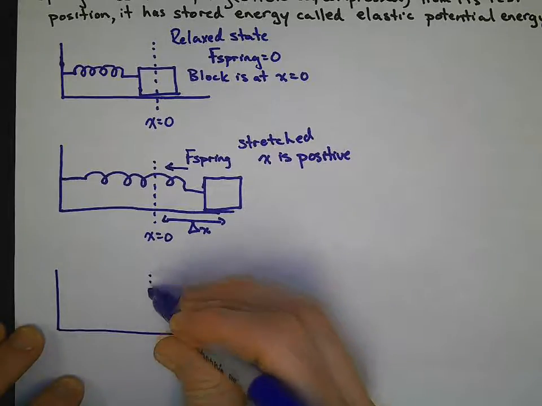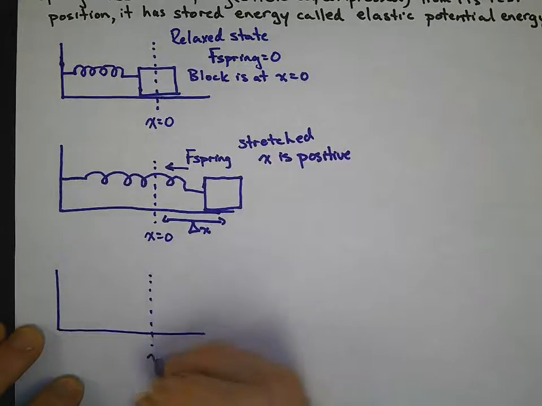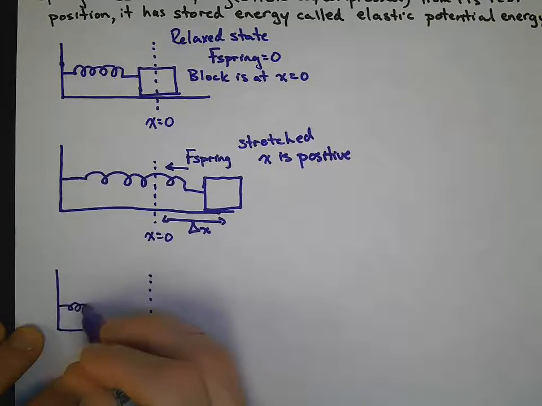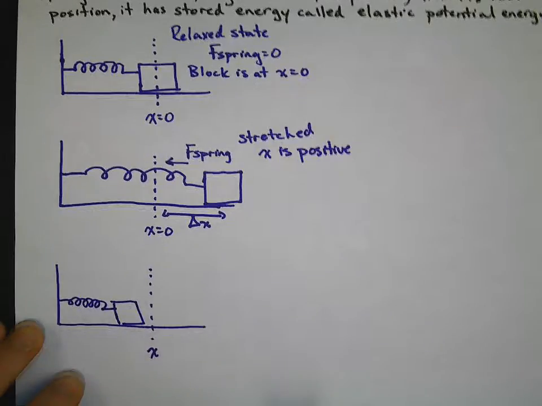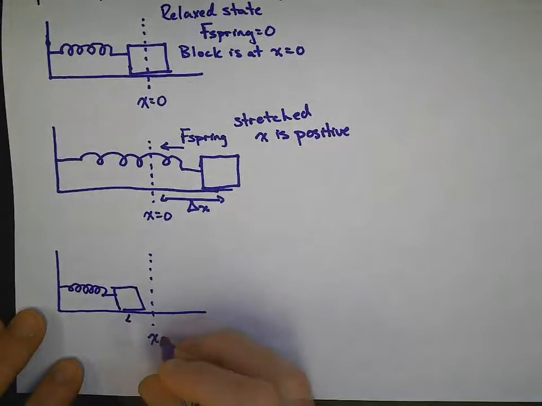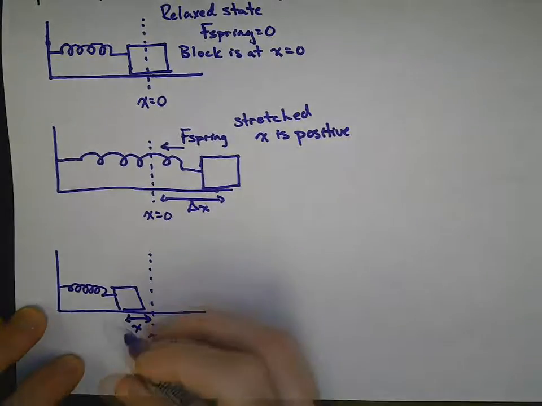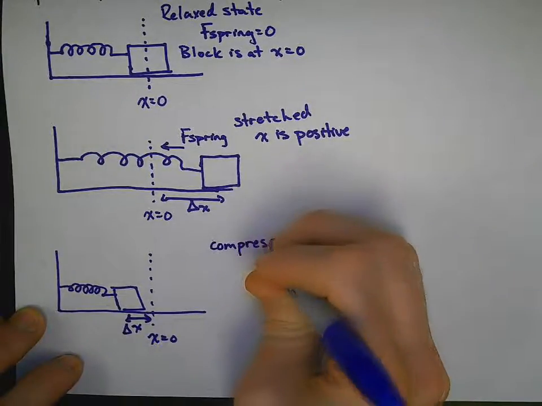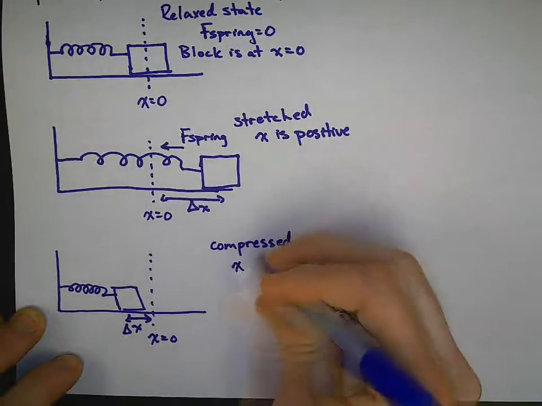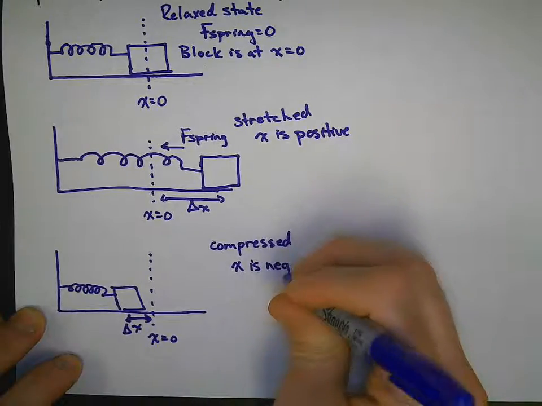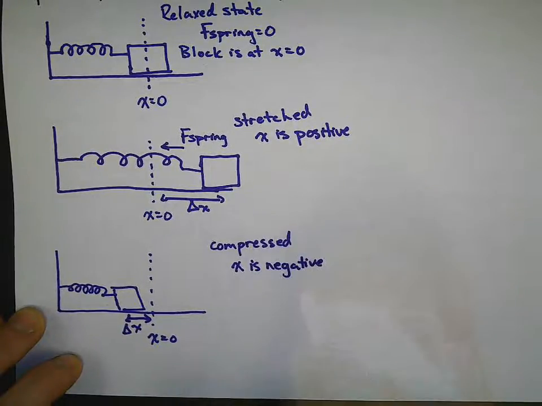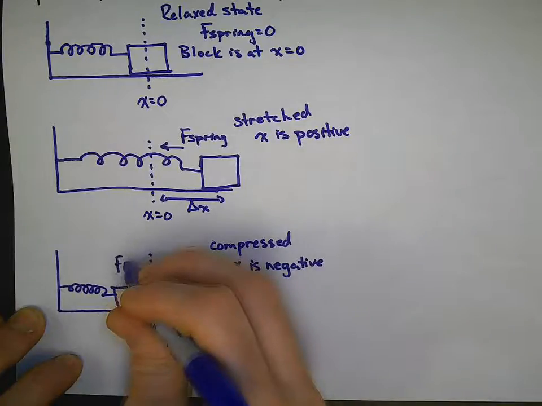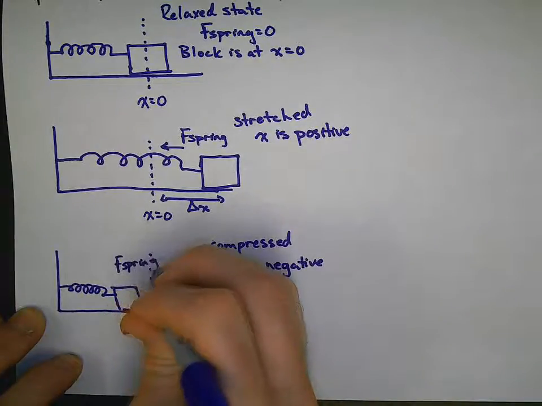And the same thing is going to happen if we have a compressed spring. We notice that we have our displacement from our resting position to the middle of the block right there. We see that it is compressed in that it is traveling in the negative direction. And this would tell us in this case that our spring force would be going to the right.